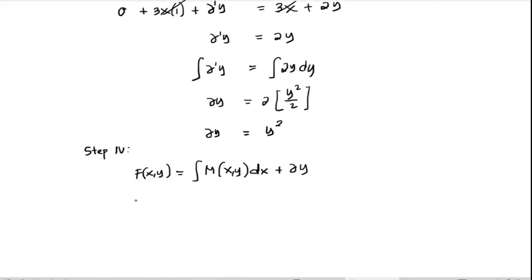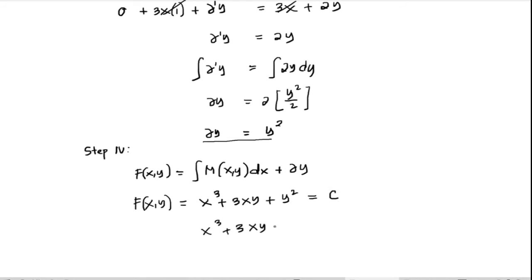So for this, our function of xy is equal to our value for integral of m dx is x cubed plus 3xy. And then our value for that unknown function of y is y squared. And we are just going to add here the constant. So our answer is x cubed plus 3xy plus y squared is equal to c.